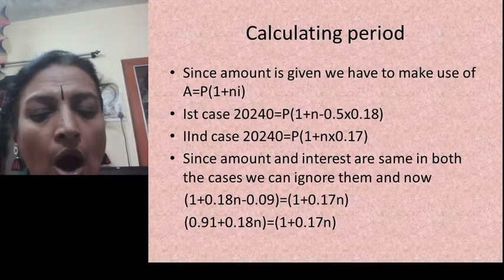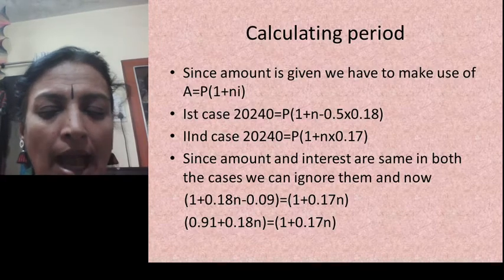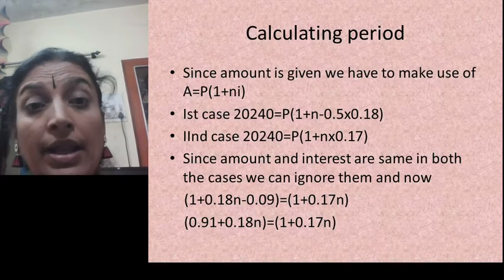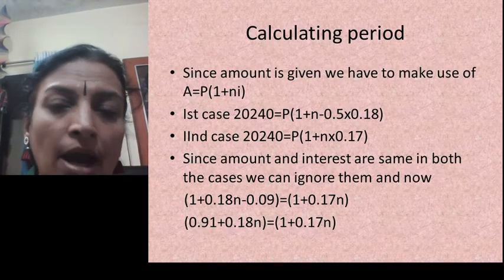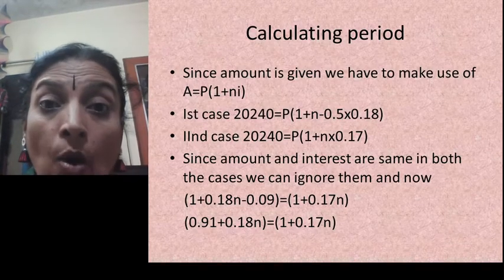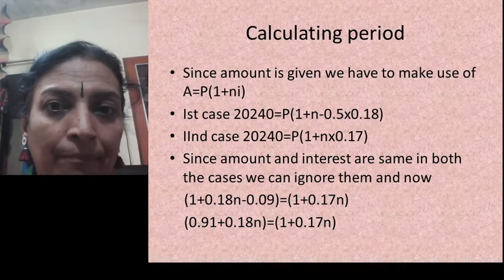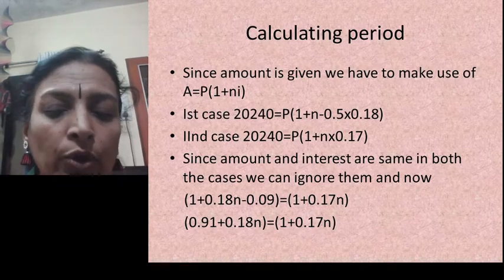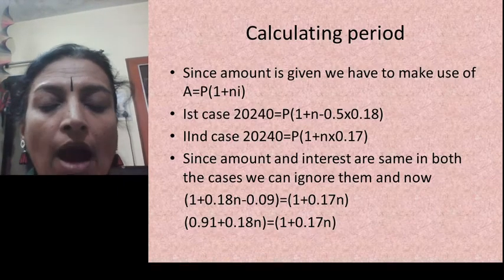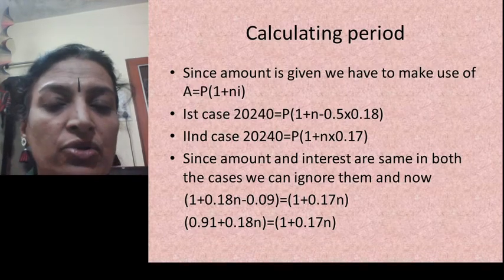Now we have to take n to one side and the known numbers to the other side. Before that, see here: 1 plus 0.18 n minus 0.09. In these three terms, two numbers do not have n, so they can be added or subtracted.